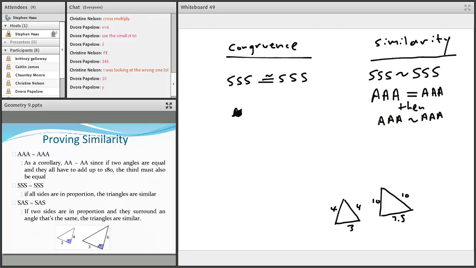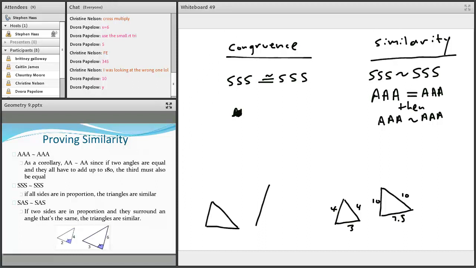The two are similar to each other. And because three angles work, then two angles work also. Because remember, a triangle has to equal 180 degrees altogether. So if two angles are equal to each other, by definition, the third angle also has to be equal.